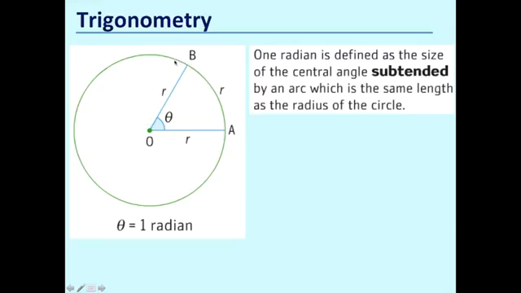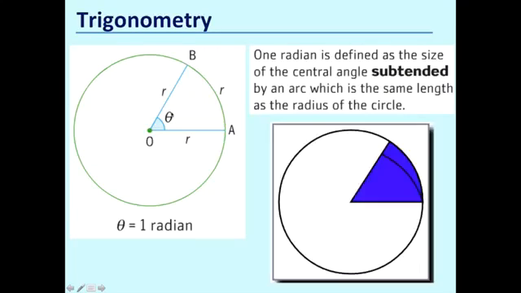Obviously, if I was to slide this point here and move it, it would change the angle. So this length here, A and B, determines the size of angle theta, and we say that angle theta is subtended by arc AB. So if you have an angle here which is subtended by an arc equal in length to the radius, then this angle here will be 1 radian.